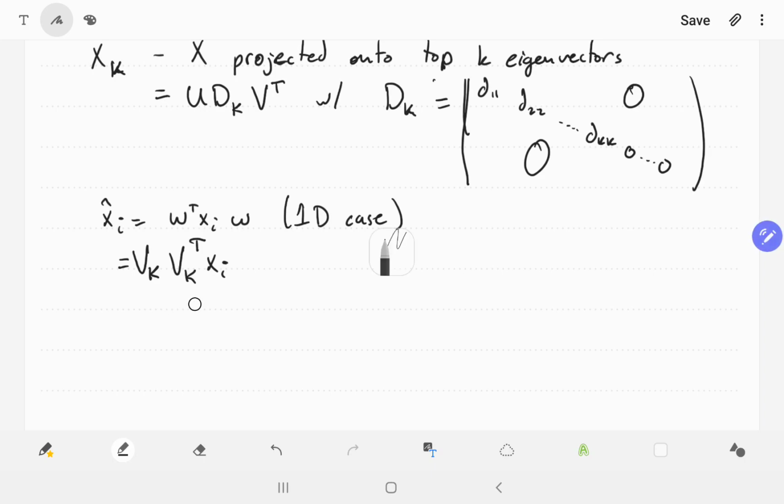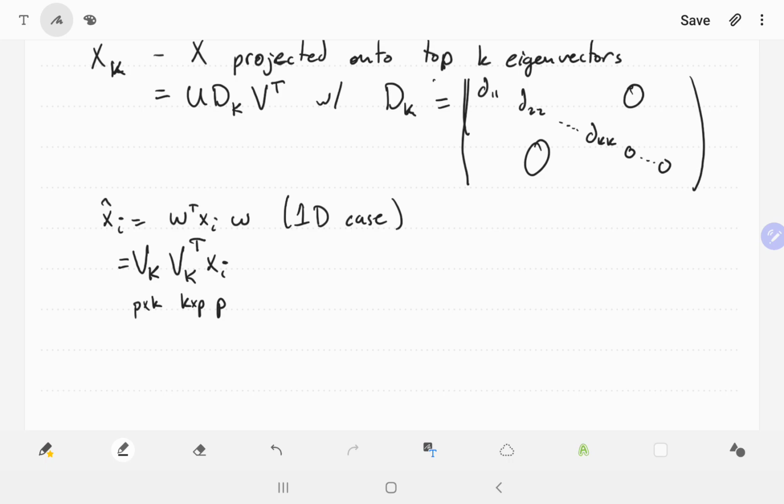And let's make sure that everything works out. So this is K by P. This is P by K, and this is K by P. And this is P dimensional, so all of the dimensions work out.